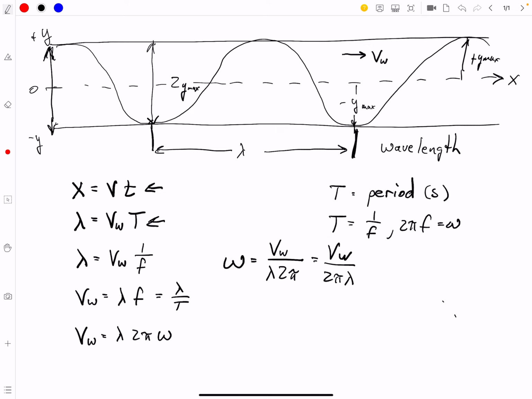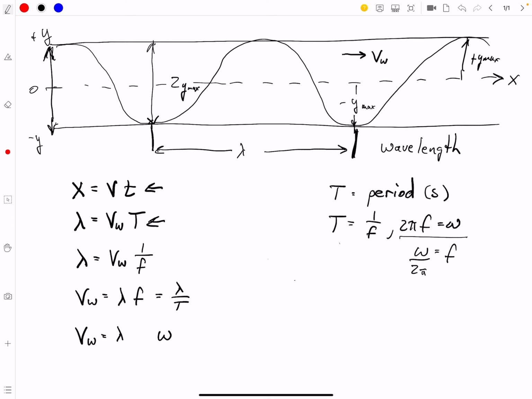I made a mistake. It doesn't look right to me. This is all wrong. This means that omega over 2 pi equals the frequency.